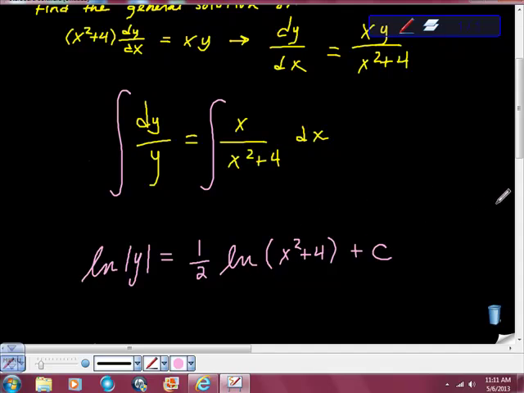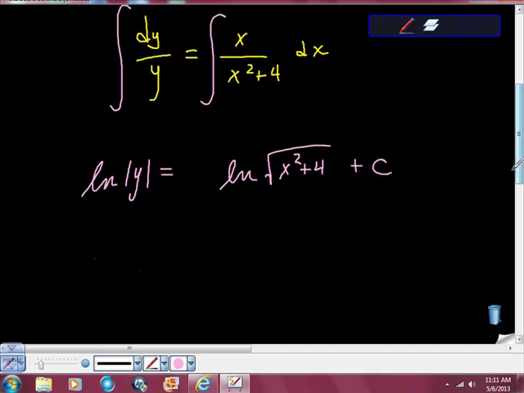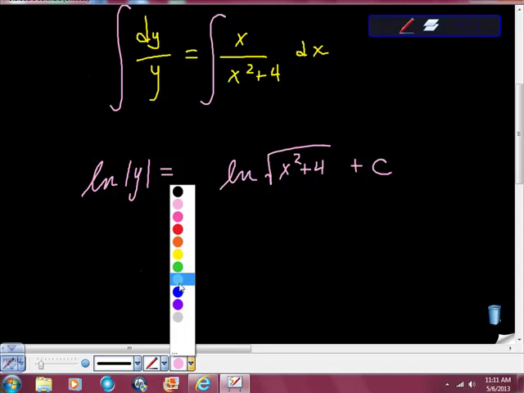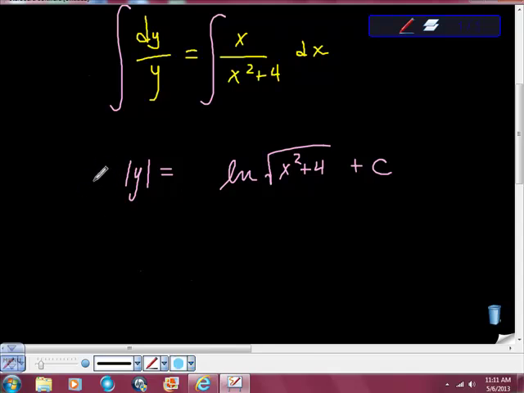If you remember the rules of logarithmic functions, we're allowed to take this coefficient and roll it up as an exponent. So we make this a 1/2 power, and remember, a 1/2 power is the same as the square root. Now I'm going to exponentiate both sides, looking at the fact that ln is log base e.